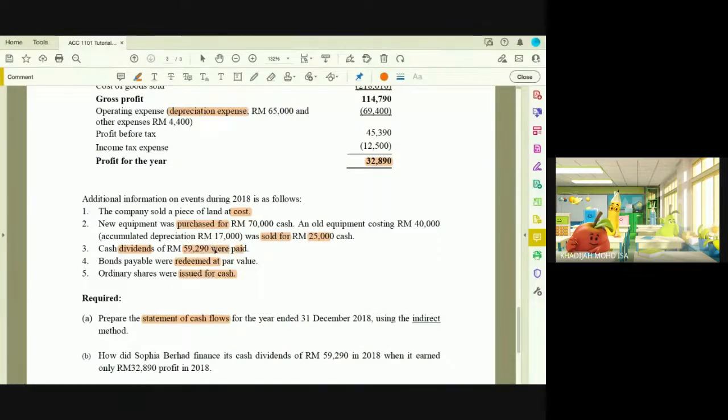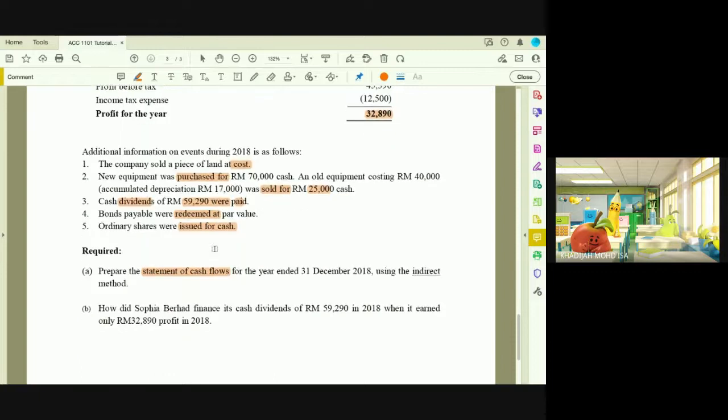How can you pay out dividend of 59,000 when your profit for the year is only 32,890?